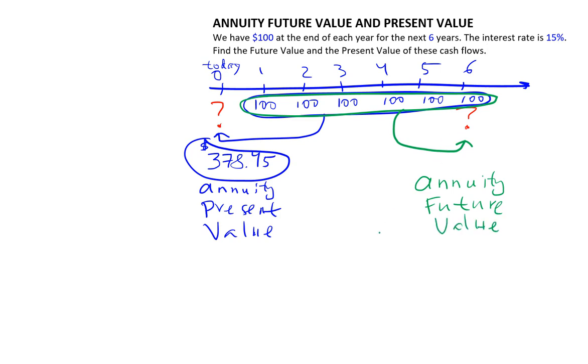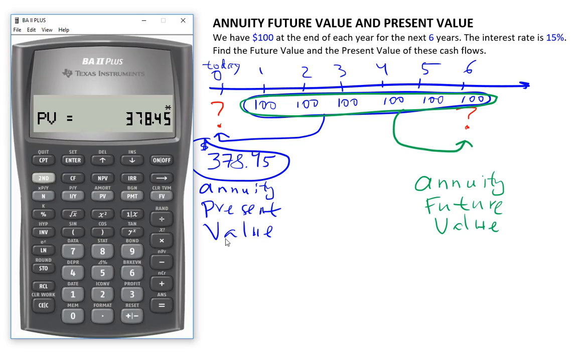Okay, let's do it in the financial calculator again. Let's clear everything and start from the beginning. Our payment is $100. 100 negative PMT. We have 6 of those. I press 6 N. The interest rate is 15% per year. I press 15 IY.